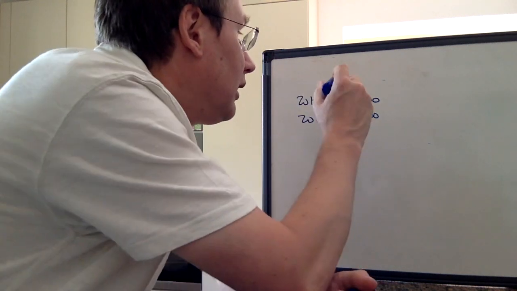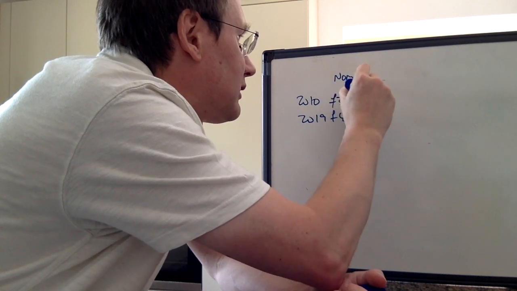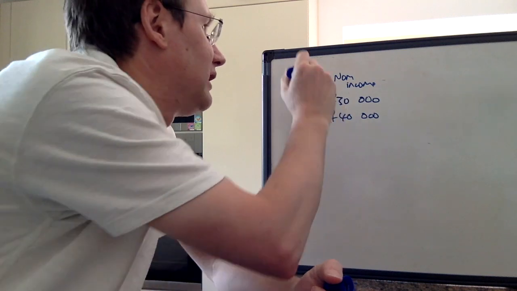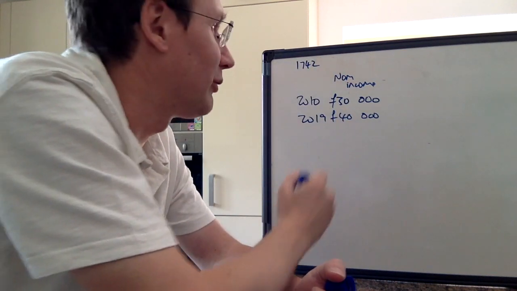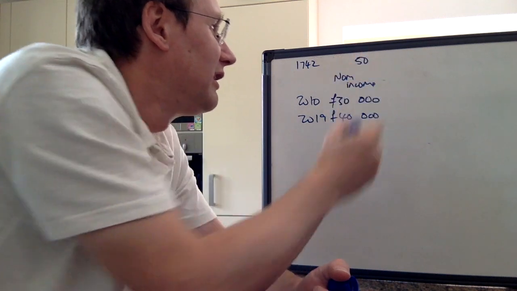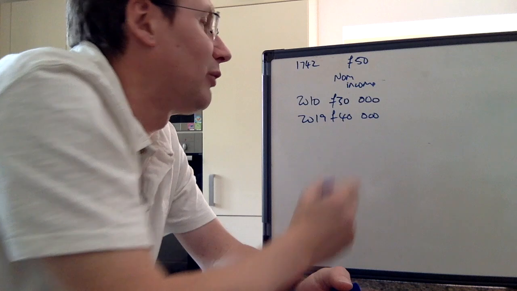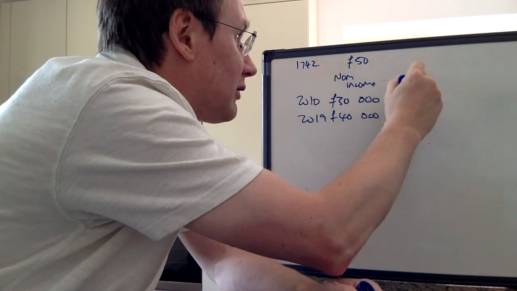First of all, that's my nominal income, and nominal just means in the prices of that year. So back in 1742, my nominal income was probably 50 quid or something, but that doesn't tell us about what that actually buys. So we're also going to need some information on the CPI.